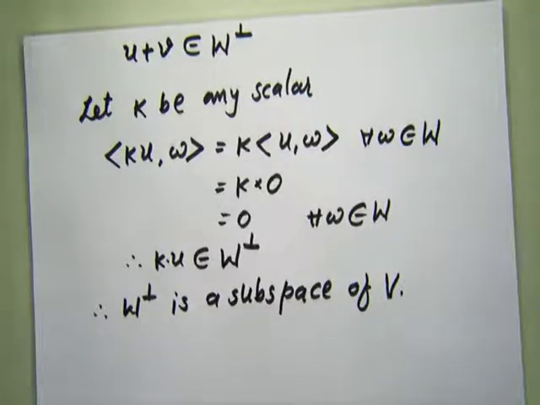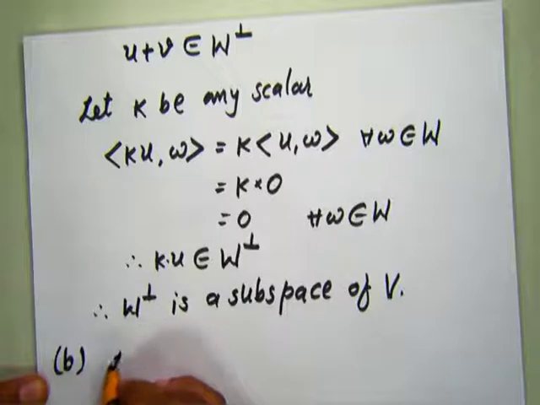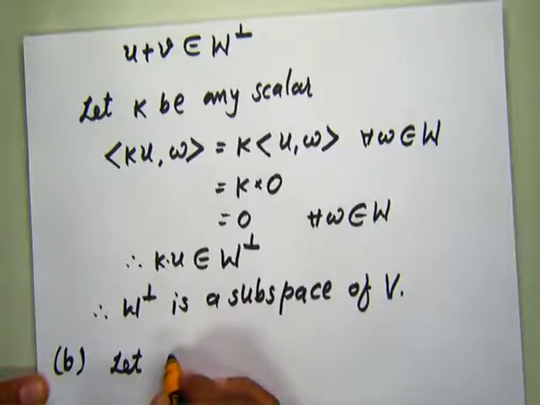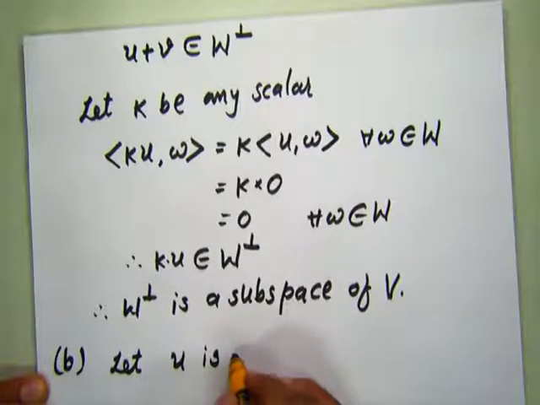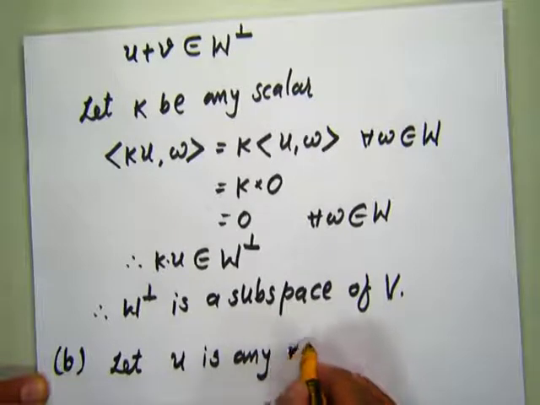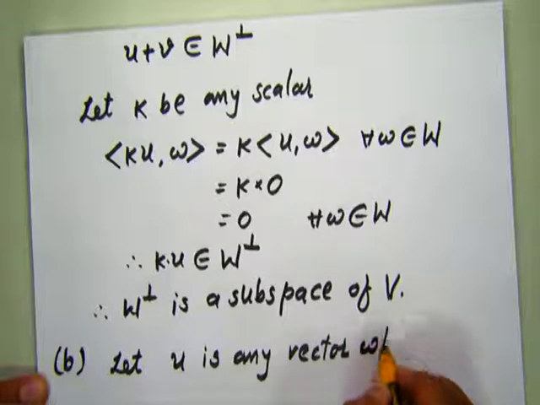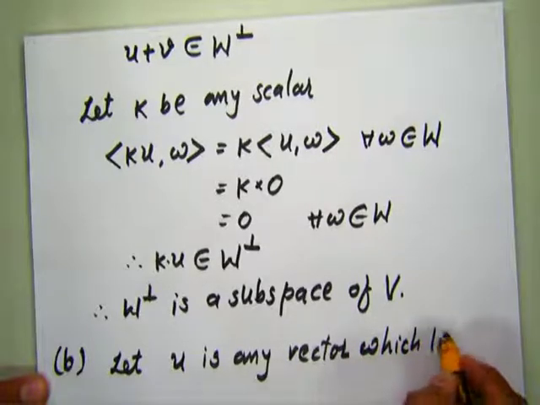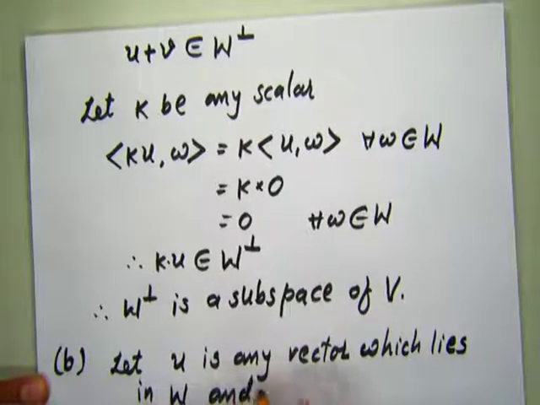Now for the second property, the only vector common to W and W complement is 0. For the second property B, let U be any vector which lies in W and W complement.